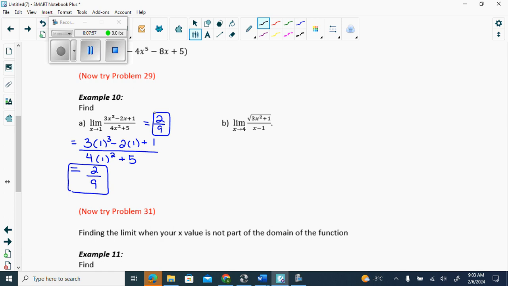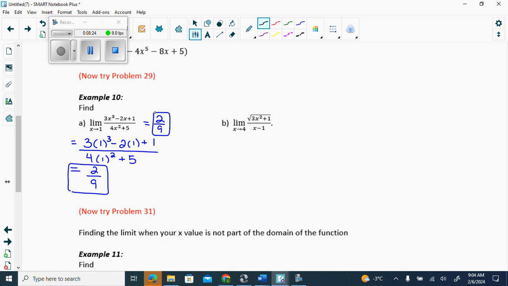You will never end up with any type of 0, because I would literally need this 4x squared to somehow be equal to negative 5. Then negative 5 plus 5 would be 0, and there would be our issue, right? But anything I plug into x will become positive. Positive times 4 is a positive. We'll never be able to create a 0, so you don't get any non-permissible values or restrictions, therefore no asymptotes.